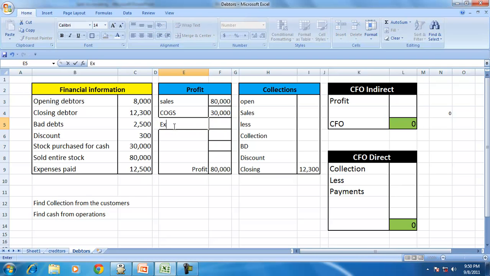Then expenses for the period 12,500. Bad debts, that is 2,500.